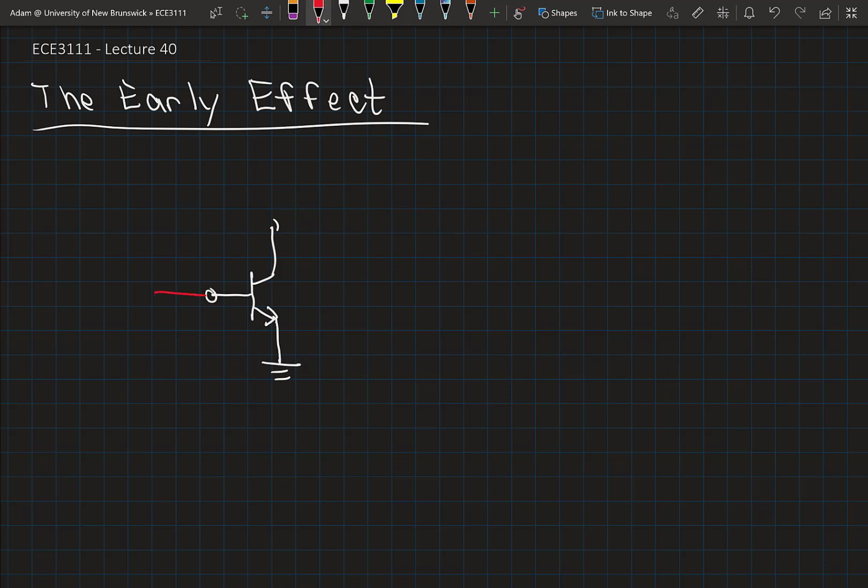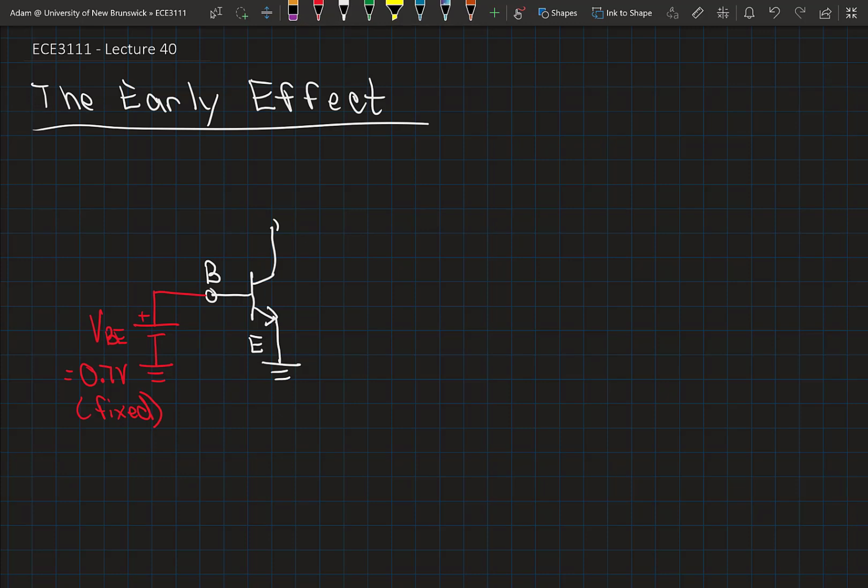So let's put a bias on the base, and let's just call it VBE. Let's assume that this is 0.7 volts. So this is a fixed value that's keeping that base to emitter junction held at 0.7 volts.